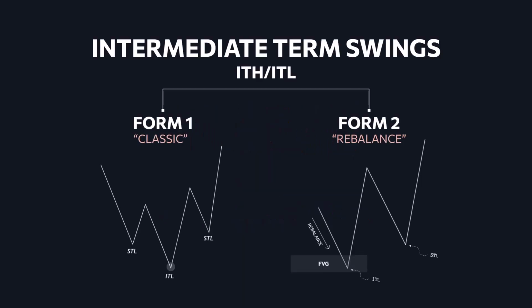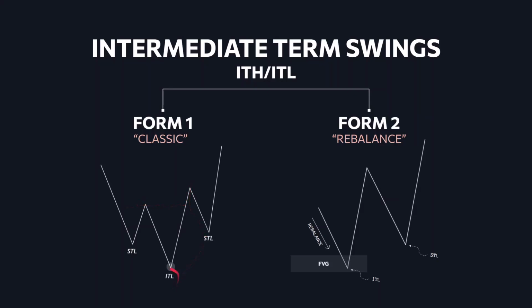So intermediate term swings can form in two ways. I really want you to focus on the second form, but you should also know this form, okay? Because it's related in one way. Basically, what I want to see is a short-term low made here. Price gives a retracement, no fair value gap here, nothing. Price comes down again and goes up, most of the time breaking this high right here, the swing high.